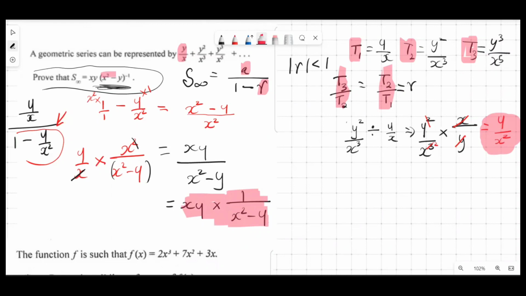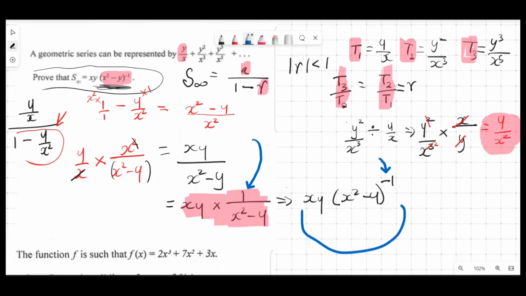Because I'm zooming in and getting this part out so I could feel secure to say, oh yeah, watch this. So from here now, we are able to say the xy is there, and then this is multiplied by x squared minus 1 minus y to the negative 1. How did you get that? Inverse. The inverse simply means negative 1. So it's all about, can you manipulate the thing to suit what they had asked?